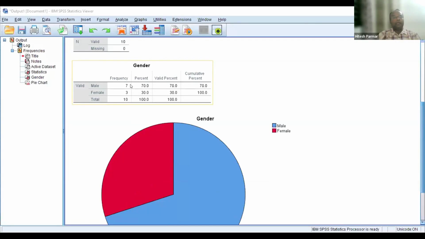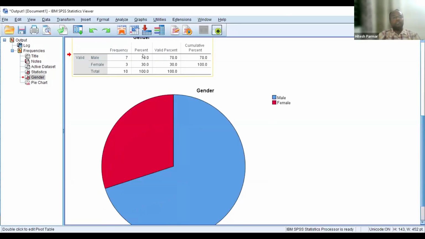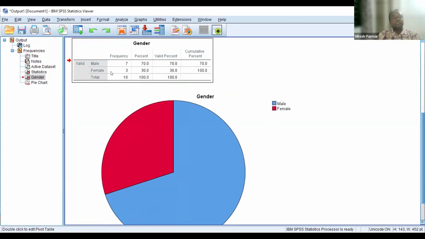This is the result that we are getting: gender, frequency, percent. Valid percent is a column there because if some missing values are there, you can manage with the valid percent, and cumulative percent also.